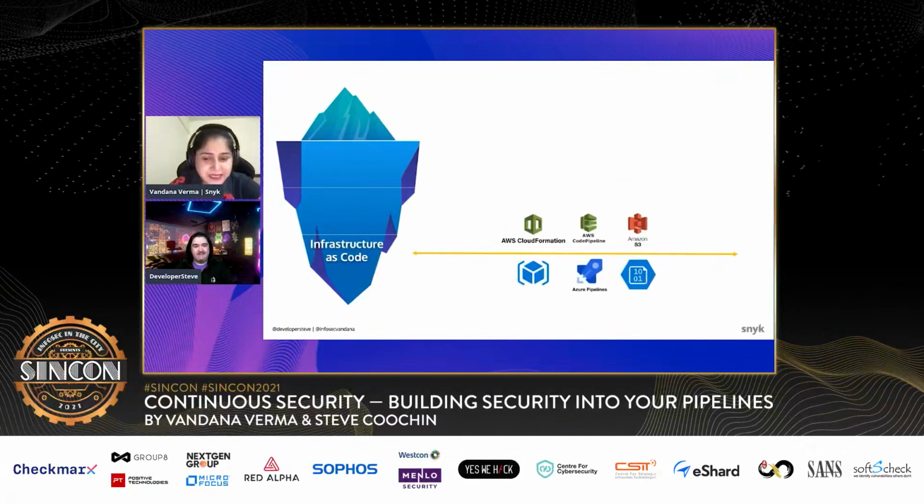Absolutely. And then comes the portion which is infrastructure as code. When we talk about infrastructure as code, what exactly are we trying to say? Specifically, the most important aspect in the cloud these days is infrastructure as code. We want to spin up our instances as fast as we can.